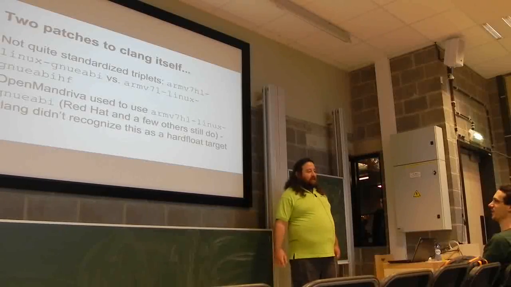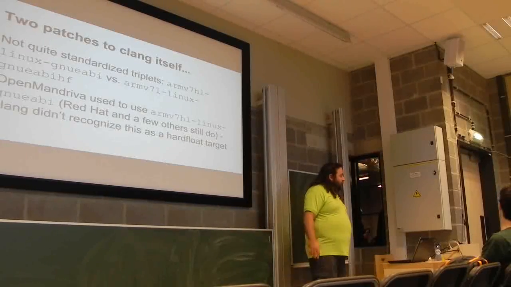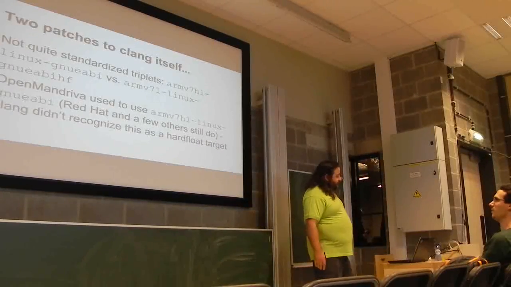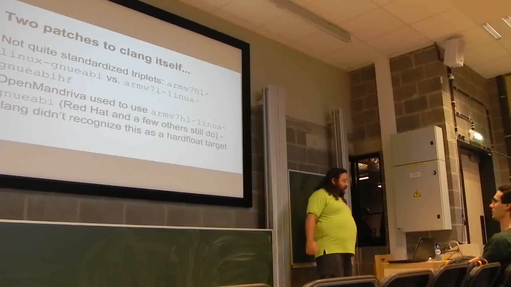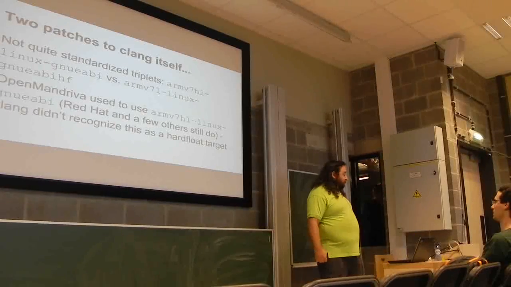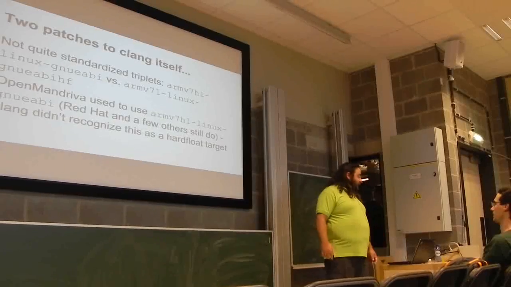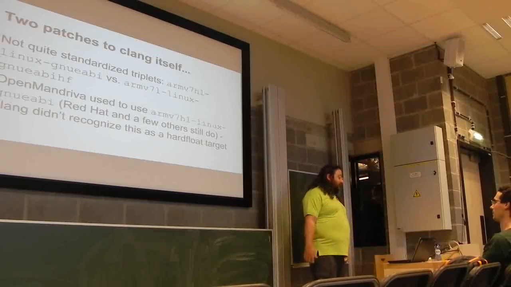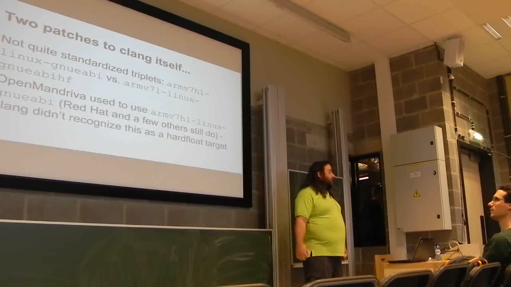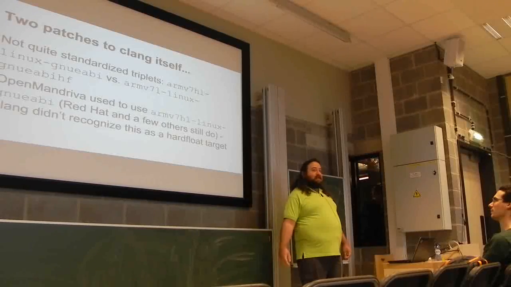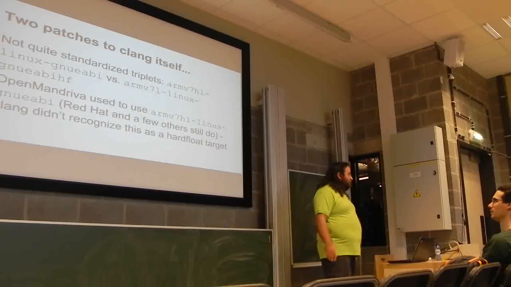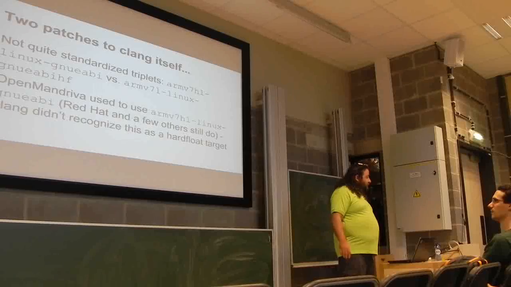Right. Yeah, that's one. Probably they fixed that by now. So we actually fixed that in two places. One is we added a patch to Clang that recognizes the armv7hl, and the other is we switched to the armv7l-linux-gnueabihf notation, because that seems to be more reasonable.